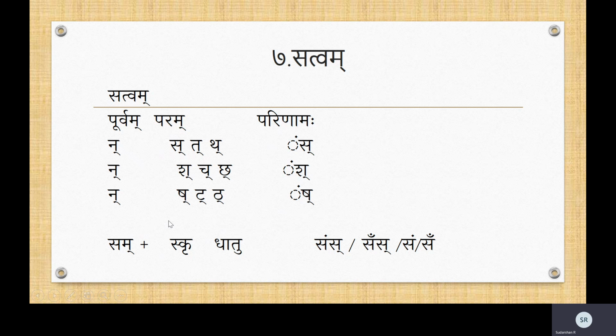Like when you say samyama or samvara, etc., that sum is the same sum. When that is the entire purva pada, then the parinama is that this sum changes to just the anuswara with an extra sakara. Now this is like an agama.